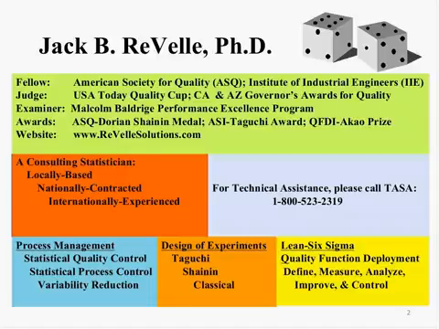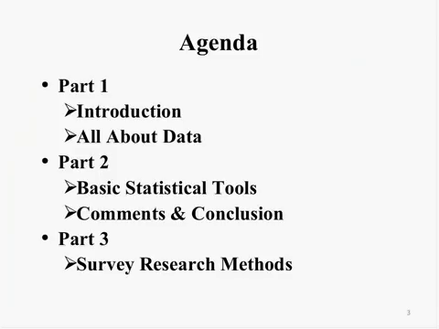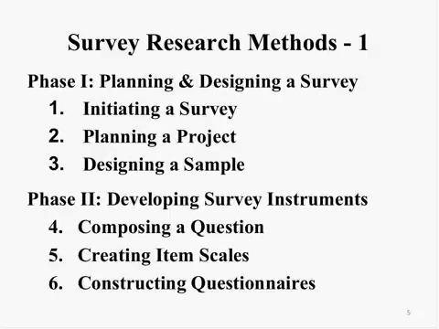As Matt just said, on slide 3, this is a 3-part series. We did parts 1 and 2 on the all about data and basic statistical tools much earlier in the year, and then later in the year we began part 3, survey research methods, of which this is a part. On slide 4, you'll see that what we covered in phase 1 was initiating a survey, planning a project, designing a sample.